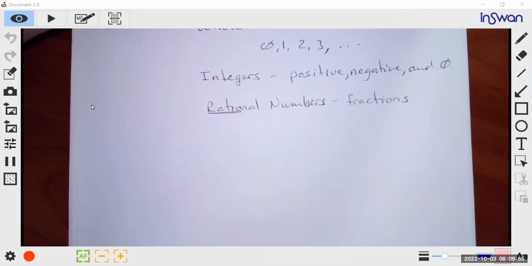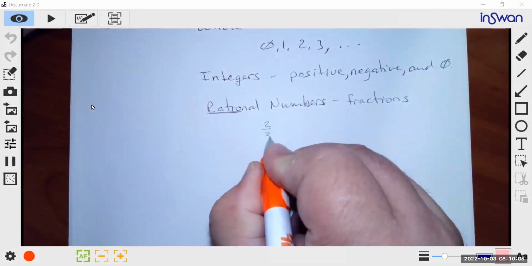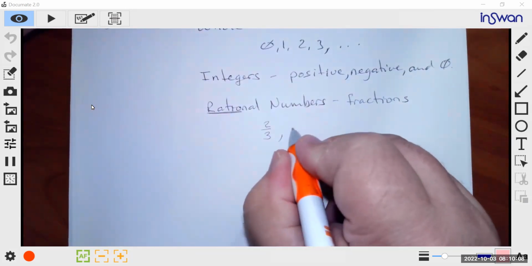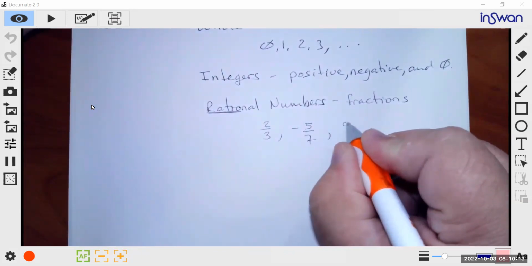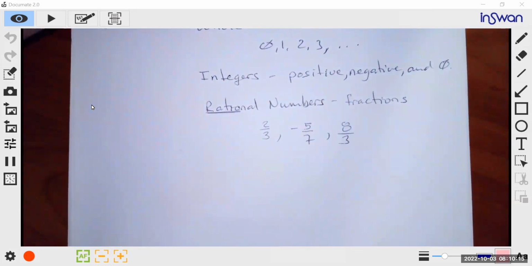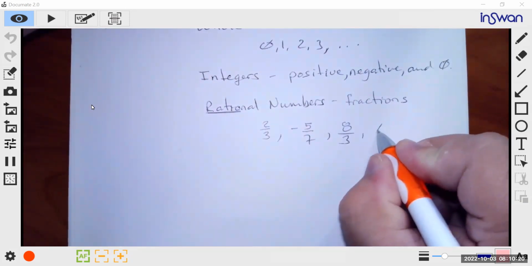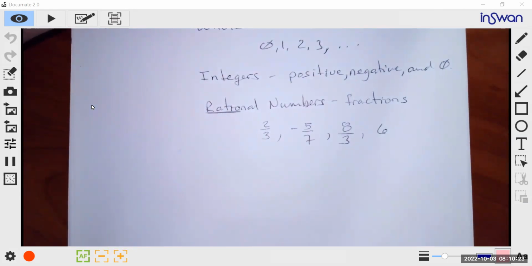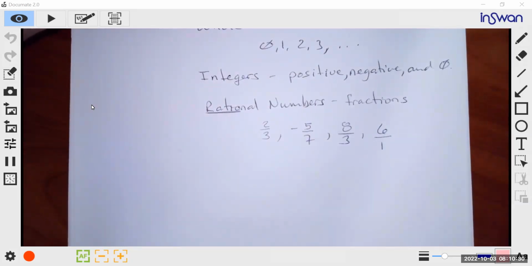Every number can be written as a fraction. 2/3 is a fraction. -5/7 is a fraction. 8/3 is an improper fraction, but it's a fraction. 6 is a fraction. It's a rational number because every number can be divided by 1.